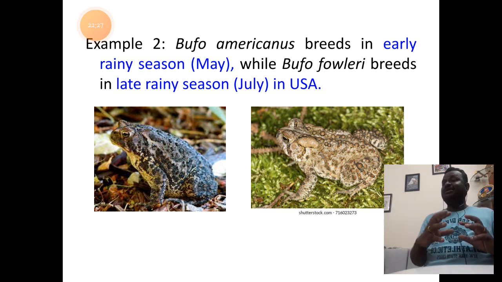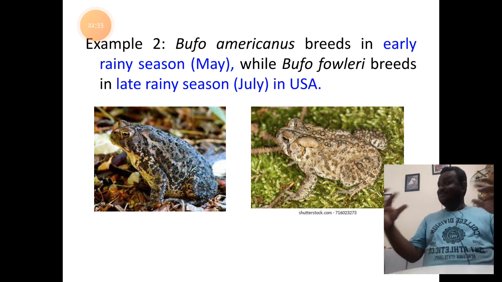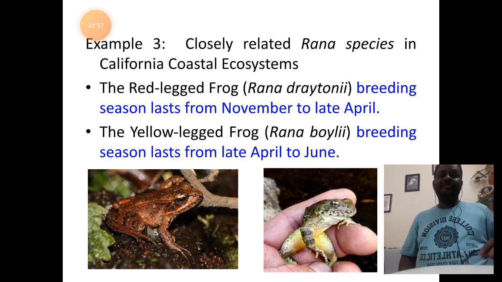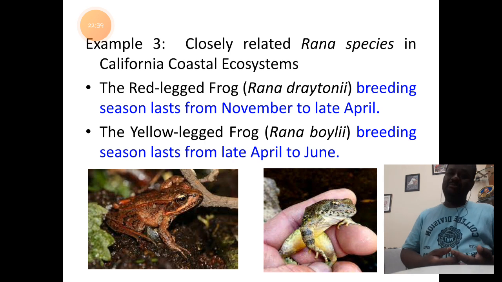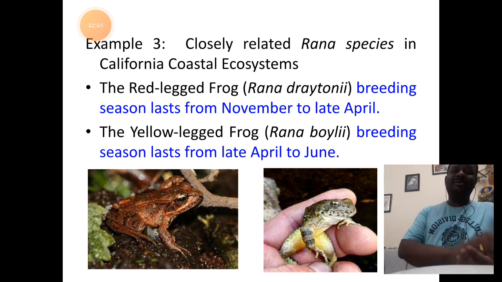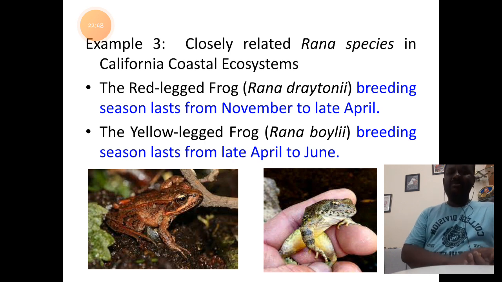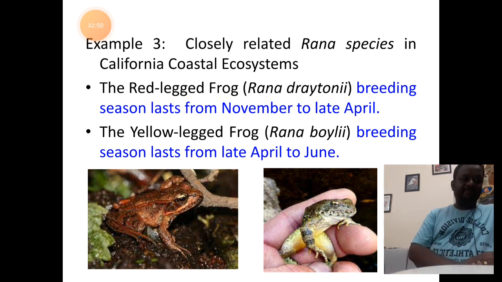Both are of the genus Bufo. Both live in the US, but their breeding seasons are different, so they never mate. So it is reproductive isolation of the temporal or seasonal type. The breeding season is different.